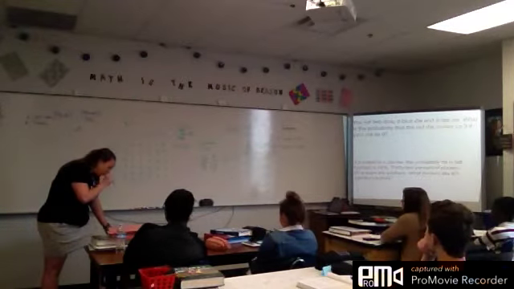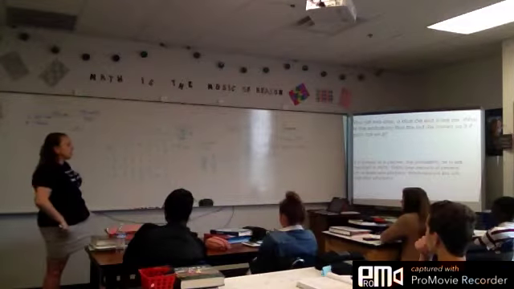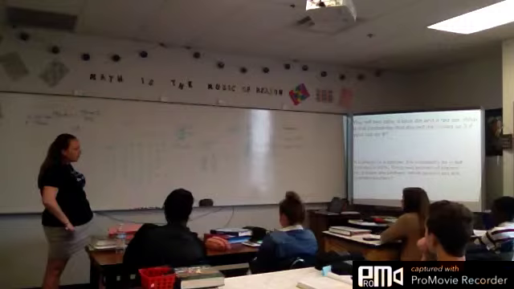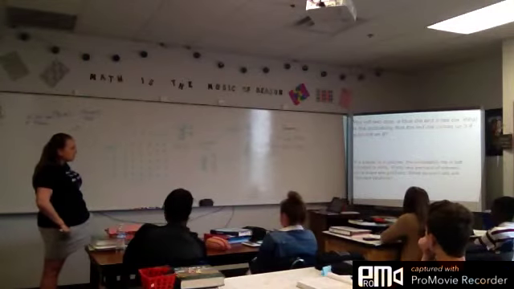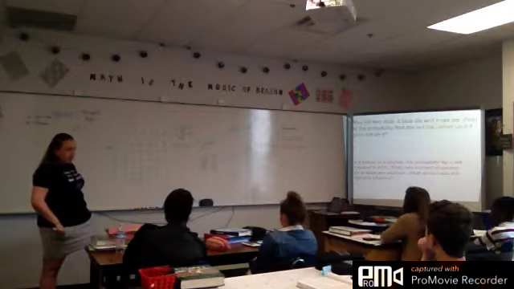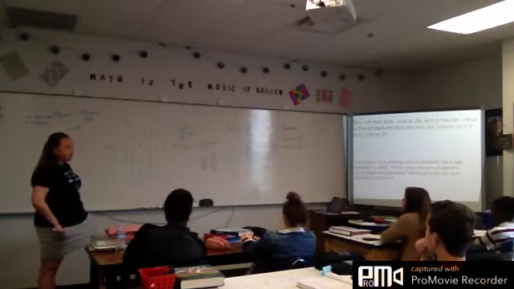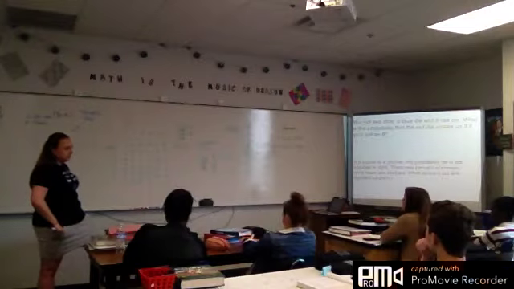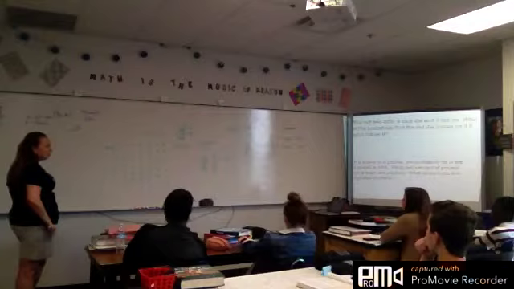So the probability of a left-handed pitcher is 0.4. That is just in baseball in general. However, you have to take into consideration the percentage of players on a team that are pitchers. What is the percentage of players on a team that are pitchers? 32%, so 0.32.